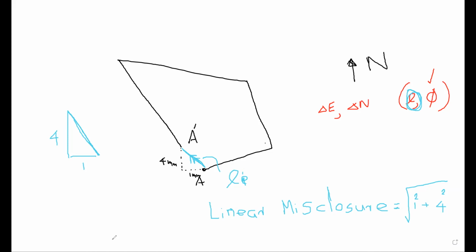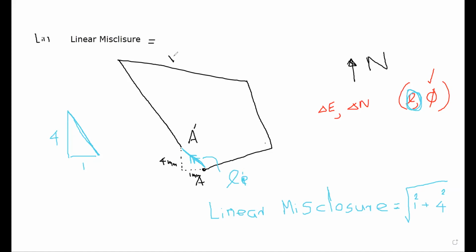If we generate a general equation for this linear misclosure, what can you say? This 1 is the summation of delta E, 4 is the summation of delta N. Therefore, I can write a general equation.